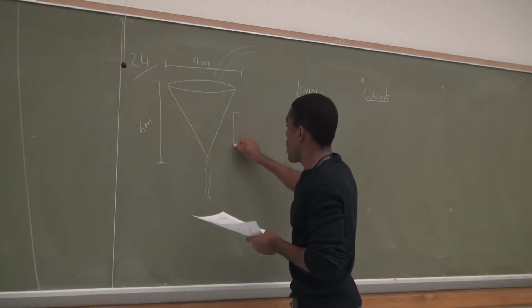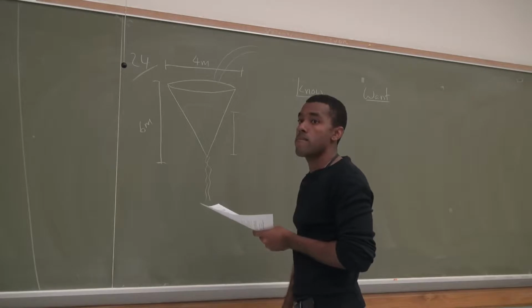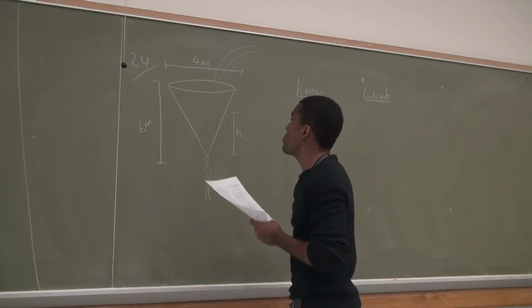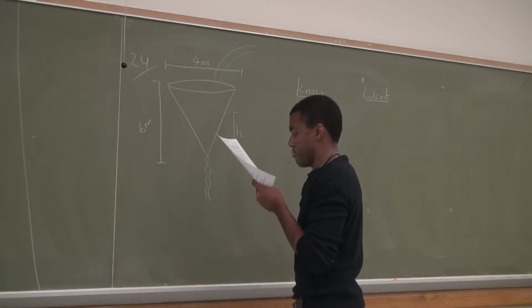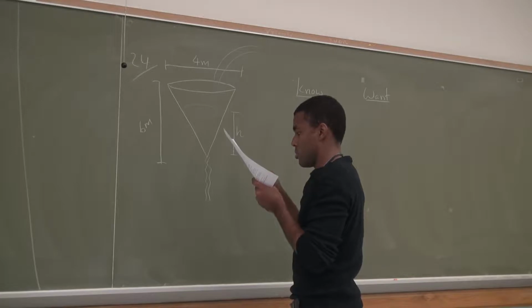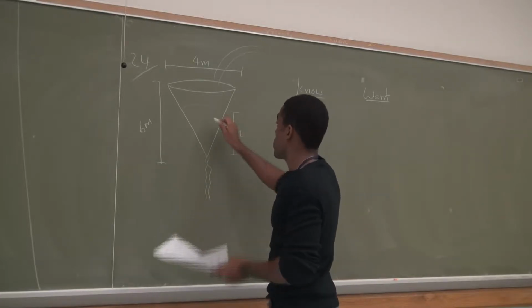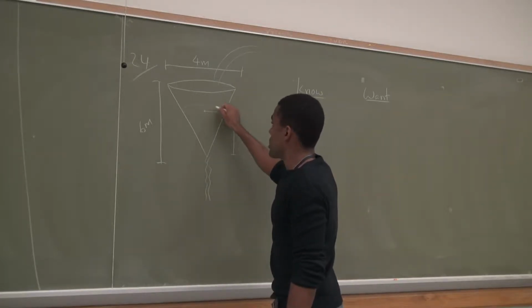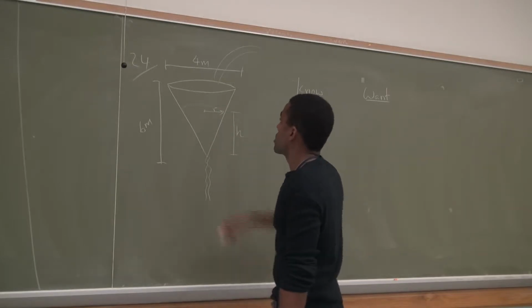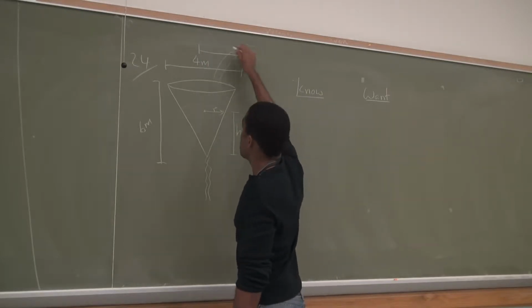What do we want to call the height of the water? H. And we also need the small r. The radius of this we can call r, and here the big R is 2.